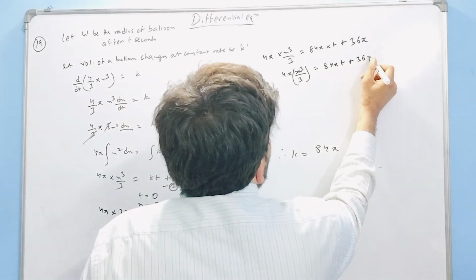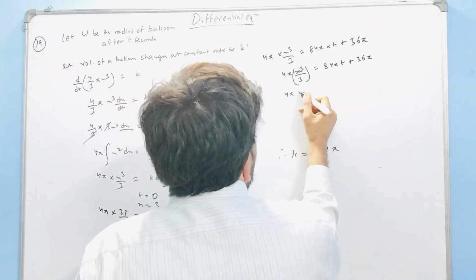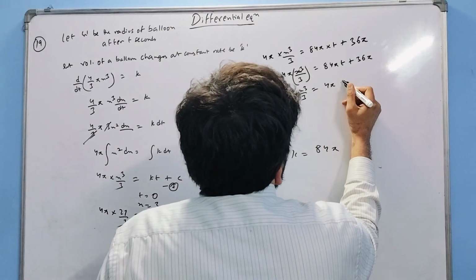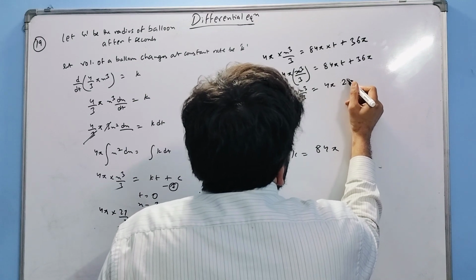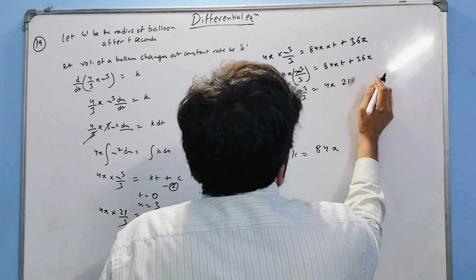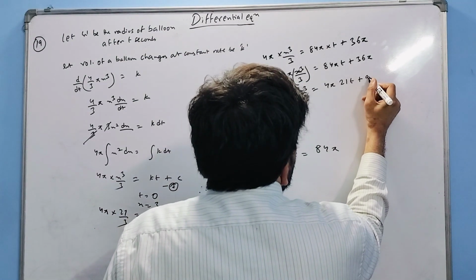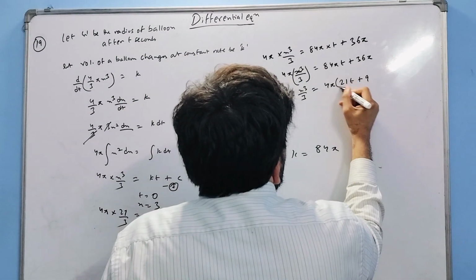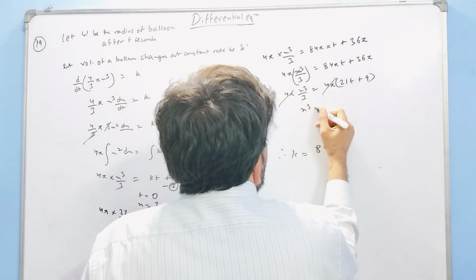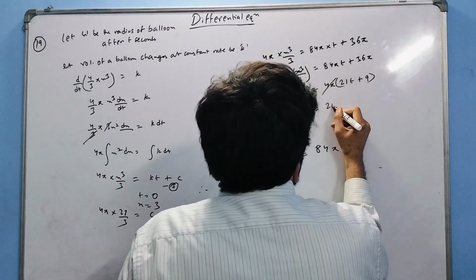Now I can take the common here, 4 pi x cube by 3 is equal to, if I take 4 pi common, I got what here? No, it will be 1. So 21t plus 9. So now I got x cube upon 3 is equal to 21 into t plus 9.